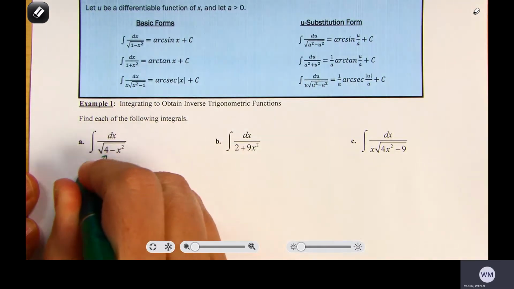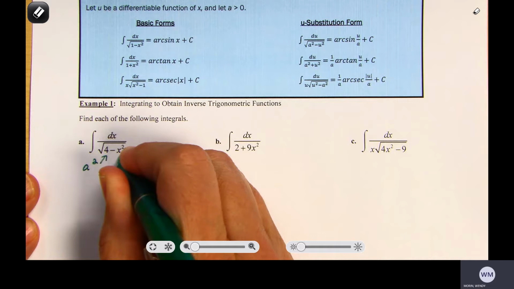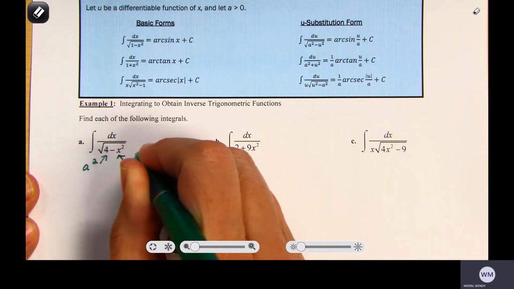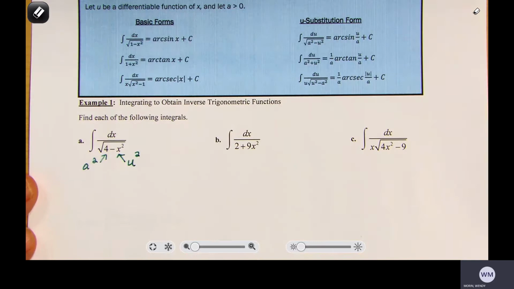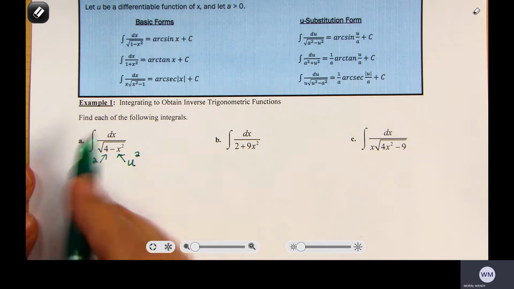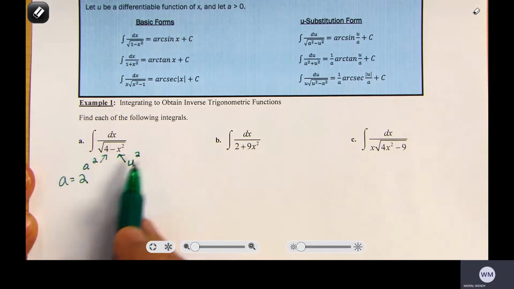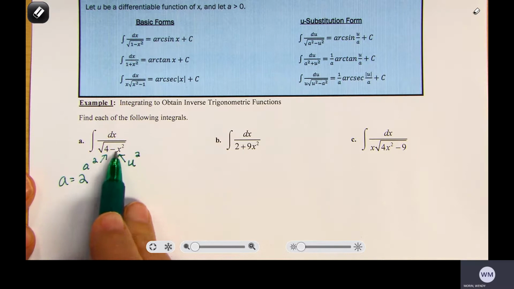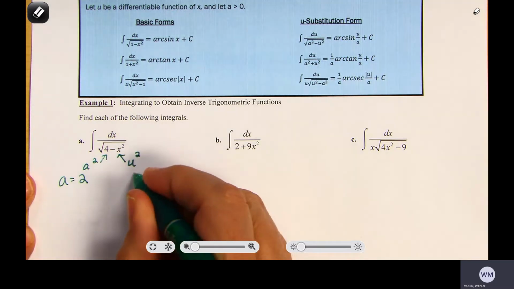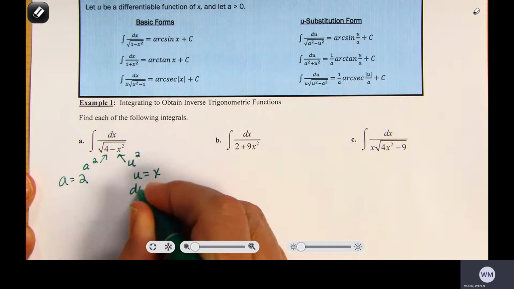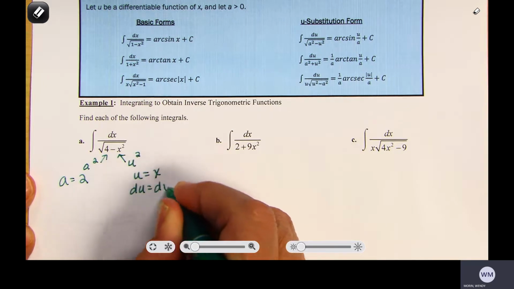This is a squared, and this is u squared. So if a squared equals 4, then our a value is 2. And if u squared equals x squared, then our u is x, which means our du is dx.